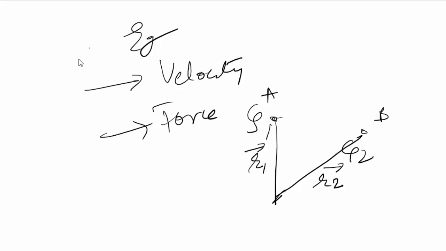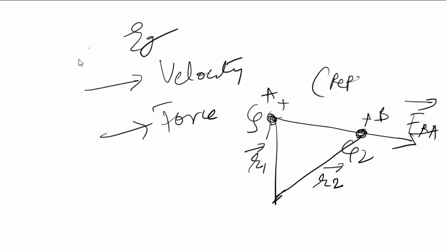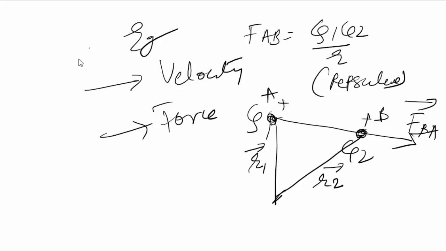And again, if I am having a force like FBA, that is a force on B due to A, and both are having positive charges, then the force on B due to A will be in this direction and it will be a repulsive force. And when I want to represent that force by using Coulomb's law, I can say that F is equal to Q1 Q2 divided by R square.